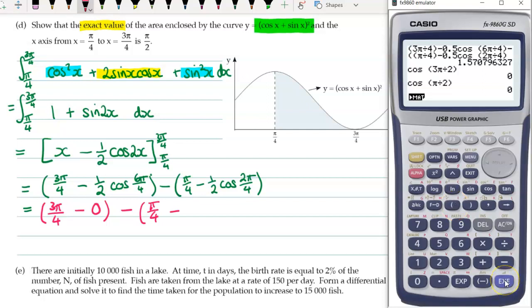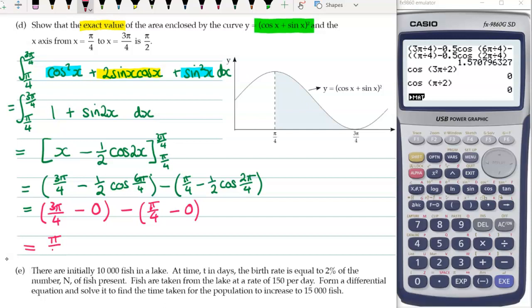That one is also a 0. So we're just left with 3/4 of pi minus 1/4 of pi. Well, 3/4 minus 1/4 is half. So it's pi by 2.